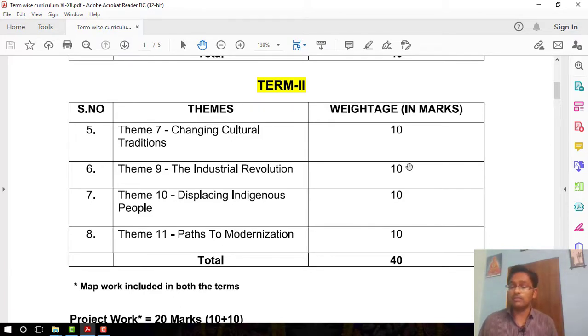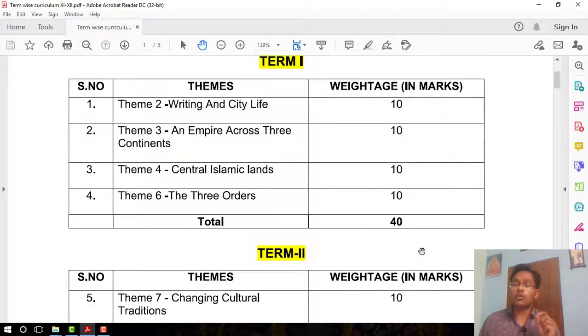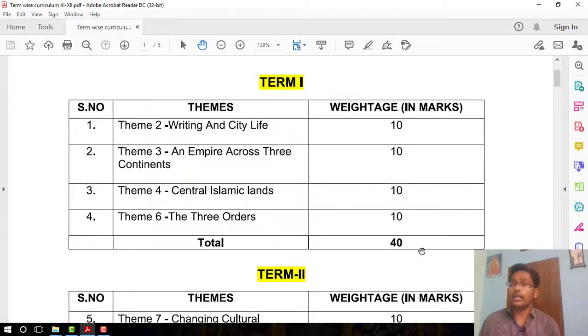Just like the previous term, there are 10 marks for each chapter, and later on it becomes 40. So 40 will become the term 2 examination, which will probably be held in the month of March. So these 40 plus 40 become 80 marks, and finally it will be 20 marks.